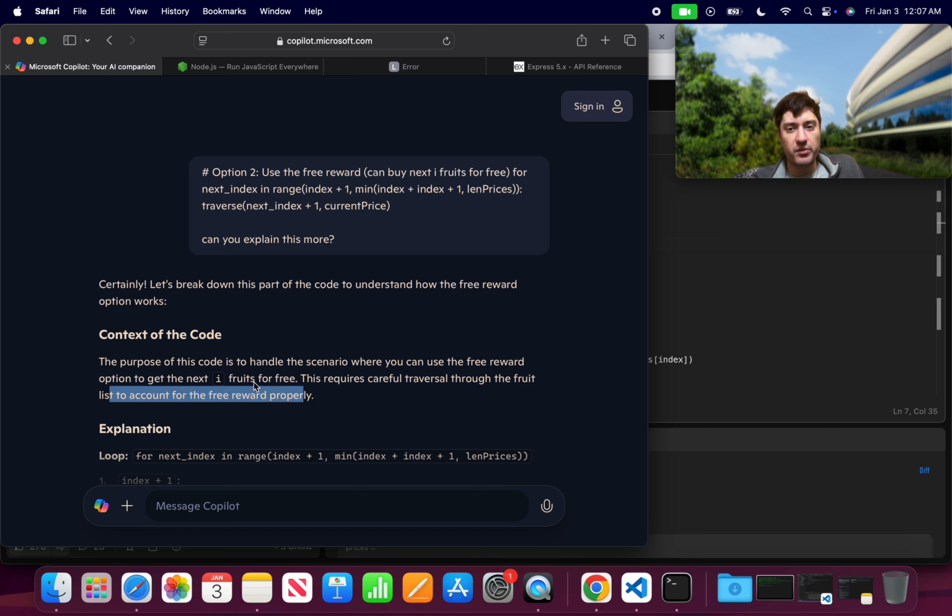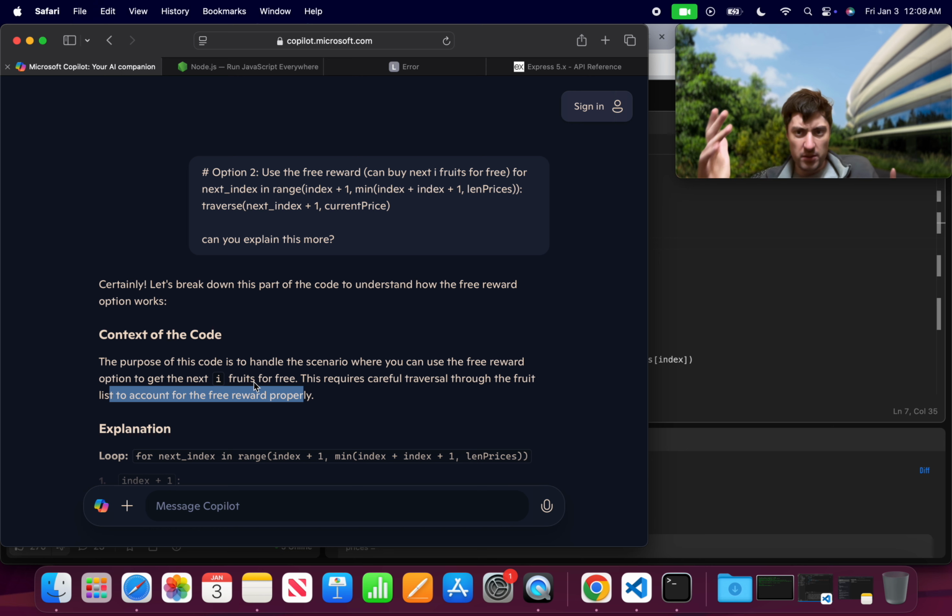The next i fruits? So it's not the next fruit, singular, after i. Oh. That's why it's 2 index plus 1. The next i. So you take where you currently are, you go that number of index to the future, and then plus 1.